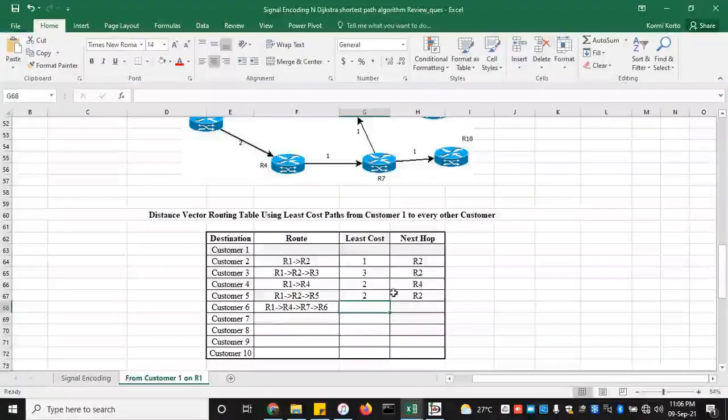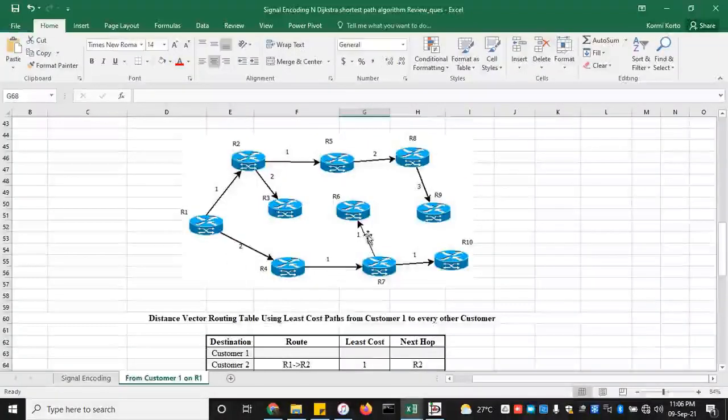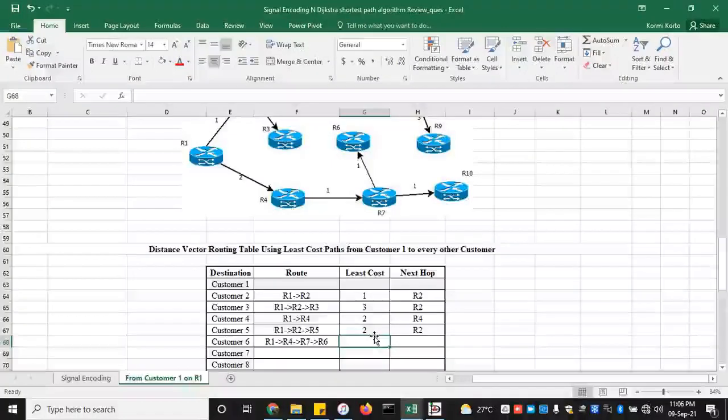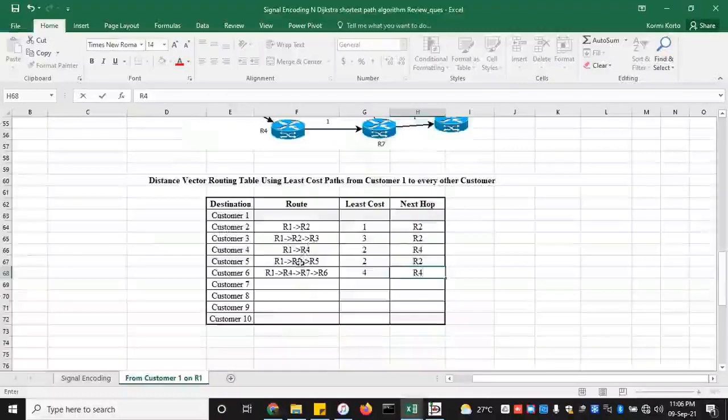And the cost was 2 plus 1 plus 1, which is 4. And in this case, R4 was the next hop, because that was the immediate connected router.